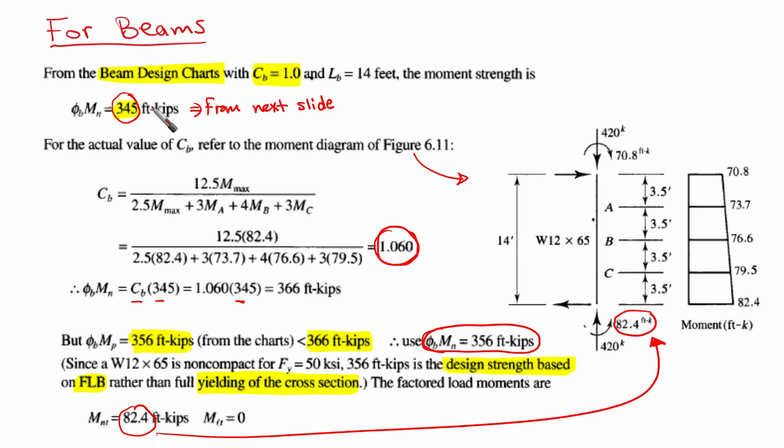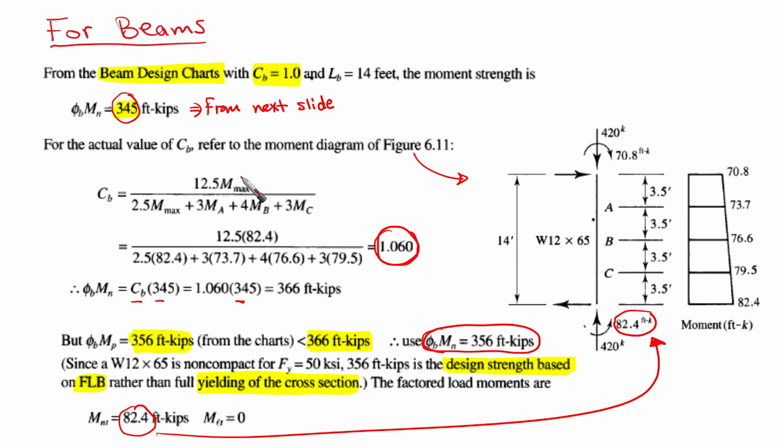Okay, now let's go to the next part, which is related to beams. If you remember before, we said that for beams we need to be careful, right? We need to be careful because we have something called Cb, and this Cb is going to be computed first, because the design charts always assume Cb is 1.